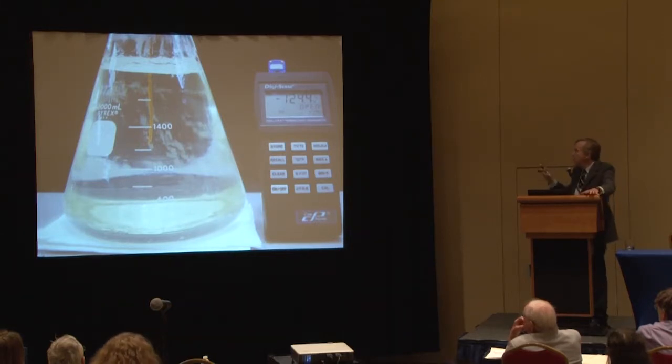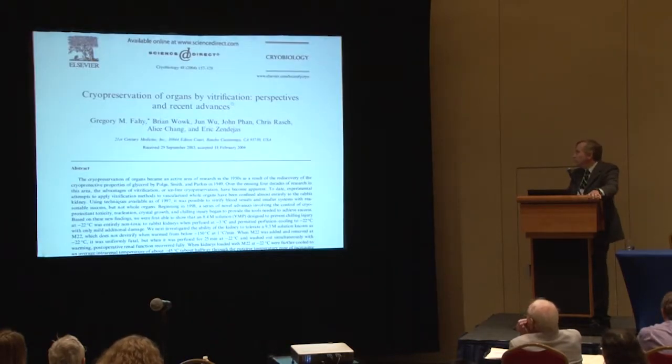And in case you think that this is just a physics demonstration, this is a real solution that can actually preserve tissue. We've shown that we can load and unload this solution from rabbit kidneys and reproducibly recover rabbit kidneys from a temperature of minus 45 degrees with full recovery.